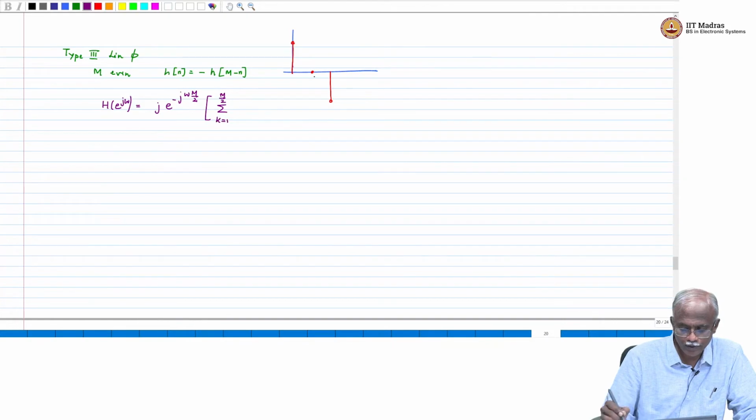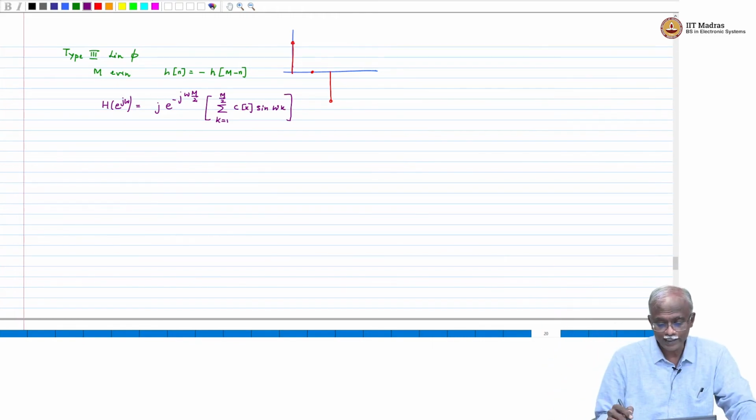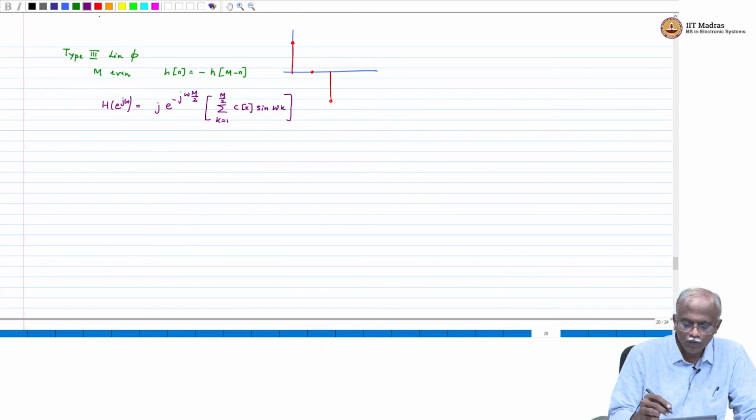Notice there is no 0 term, because the 0 term will be 0. This will be c_k sine omega k. You are combining e to the j omega and e to the minus j omega with the minus sign, so therefore you get sine terms. Okay, and what are the c_k's? The c_k's are 2 times h of m by 2 minus k.